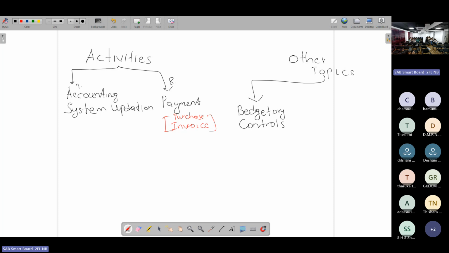What are the 2 key elements in budgetary controls? When organizations prepare a budget, what are the 2 factors they have to consider? Price and quantity.